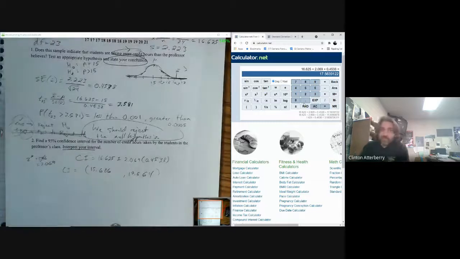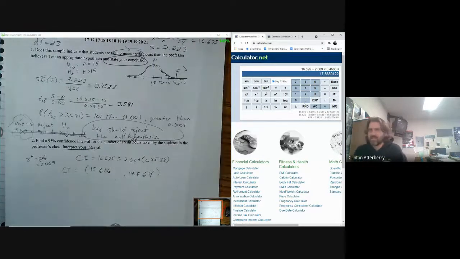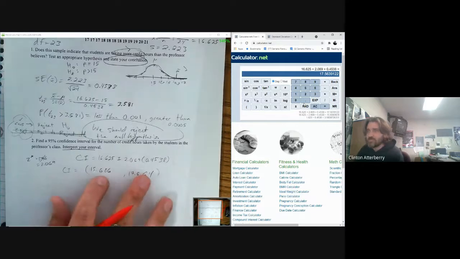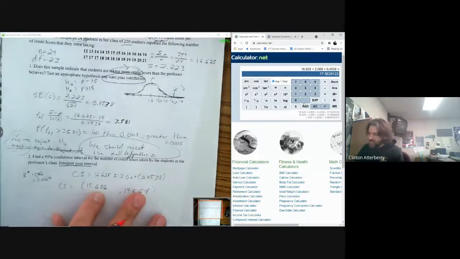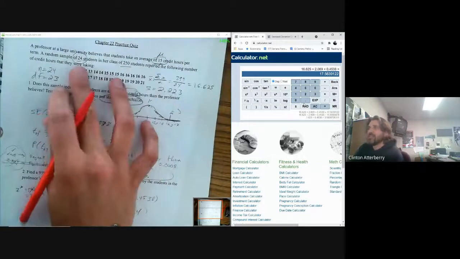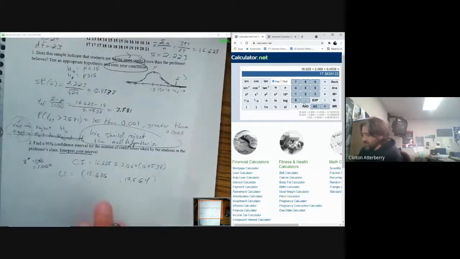So that's the interval, but it says to interpret my interval. I mean, put it into plain English, so it's easy to understand and not just a set of mathematical symbols. This basically says, and I'm going to write this out in words in a moment, I have 250 students. Out of those 250 students, I sampled 24, and I got an average of 16.625 credits.